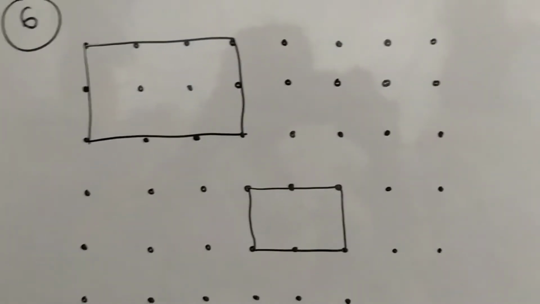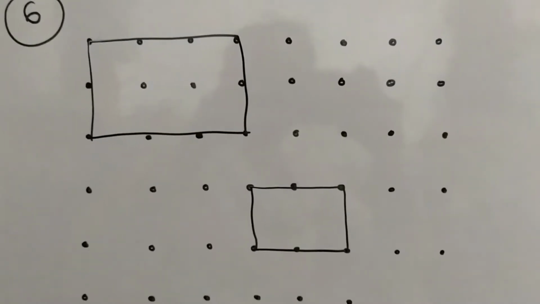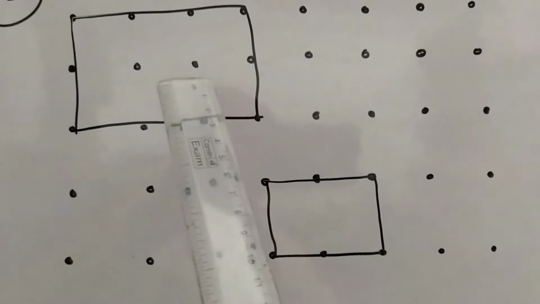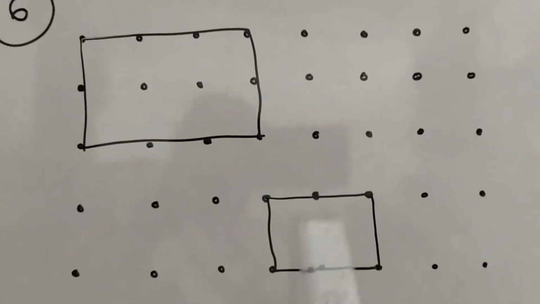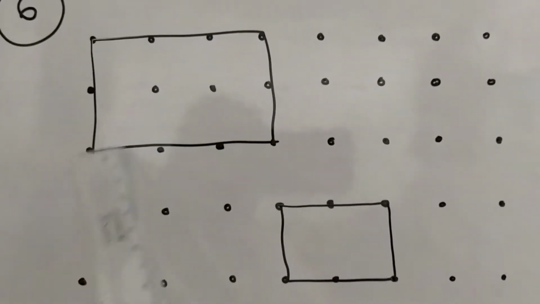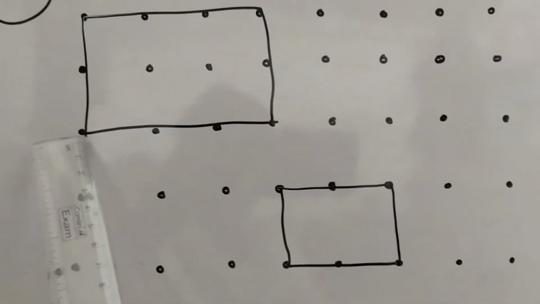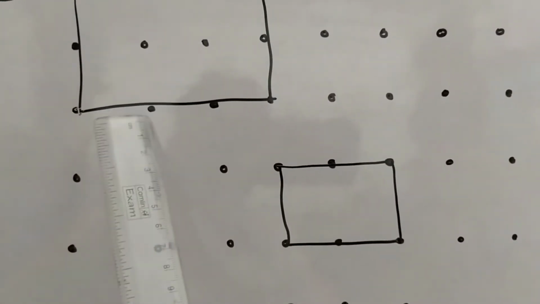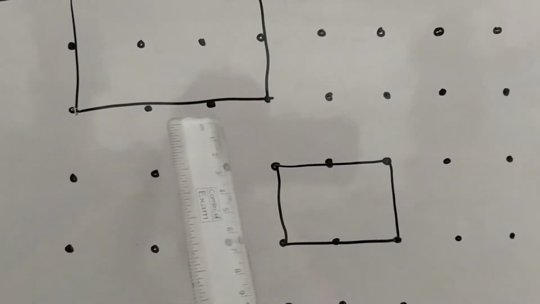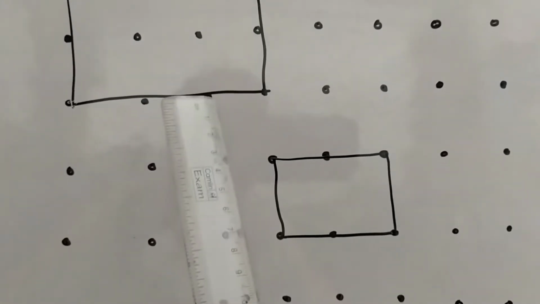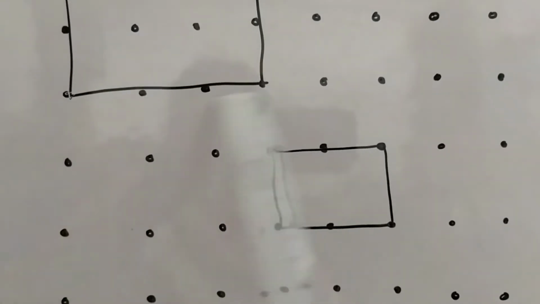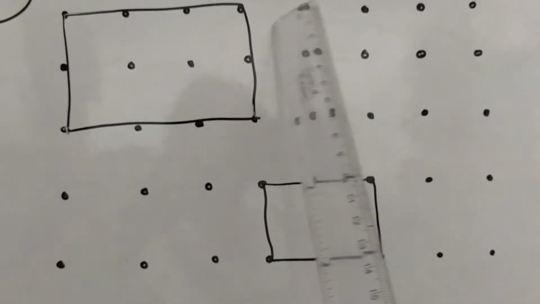Here I am drawing two rectangles. See how we are drawing by joining the points. See here, students, the first rectangle we are taking by joining 4 points, with length 3 and breadth 2. Observe in the figure, length is 3 and breadth is 2.